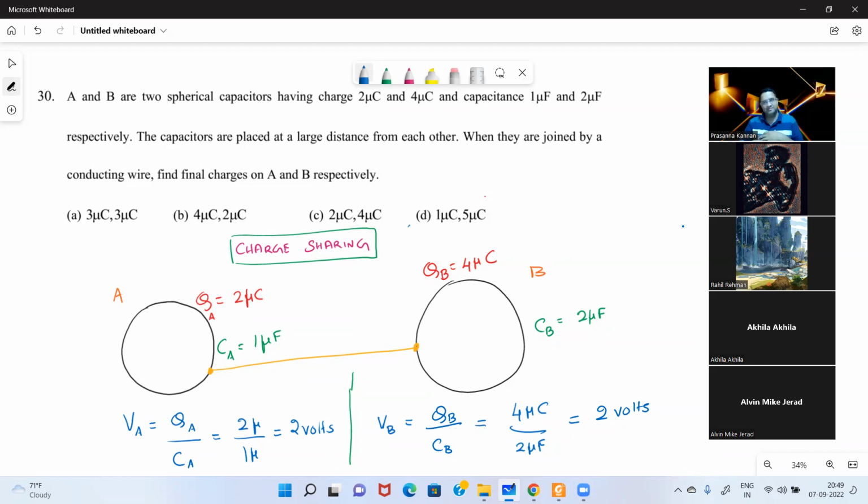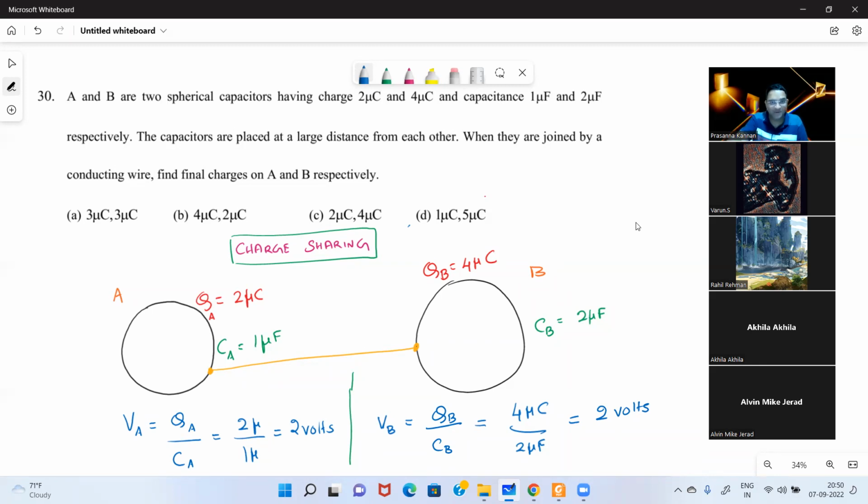When you connect them, the charges are going to be different, so charge sharing will start happening in parallel plate capacitors until they reach a common potential. Here, you can individually identify the potential. Clear? And once the potentials are the same, no charge can flow from one sphere to another sphere. Is it clear? Yes, sir.